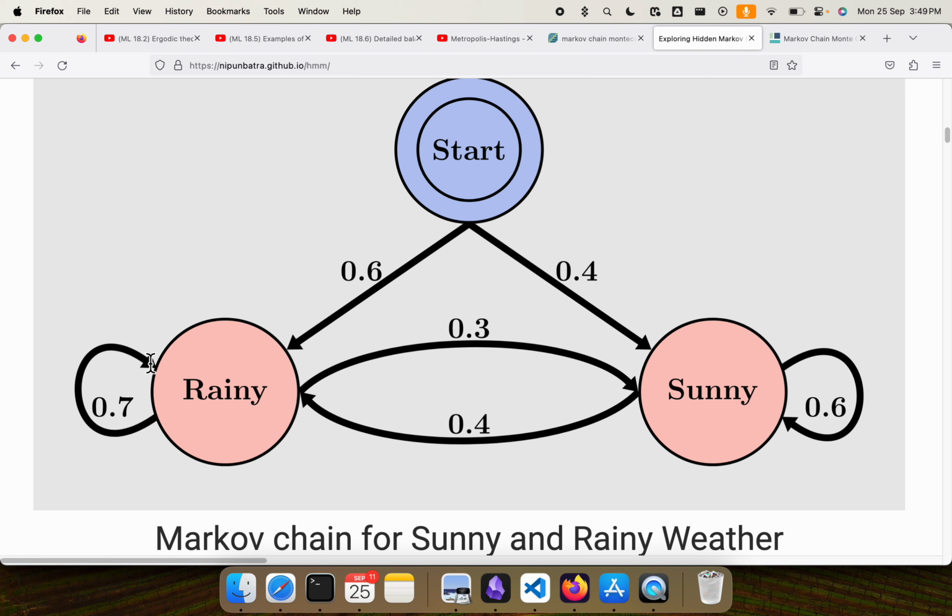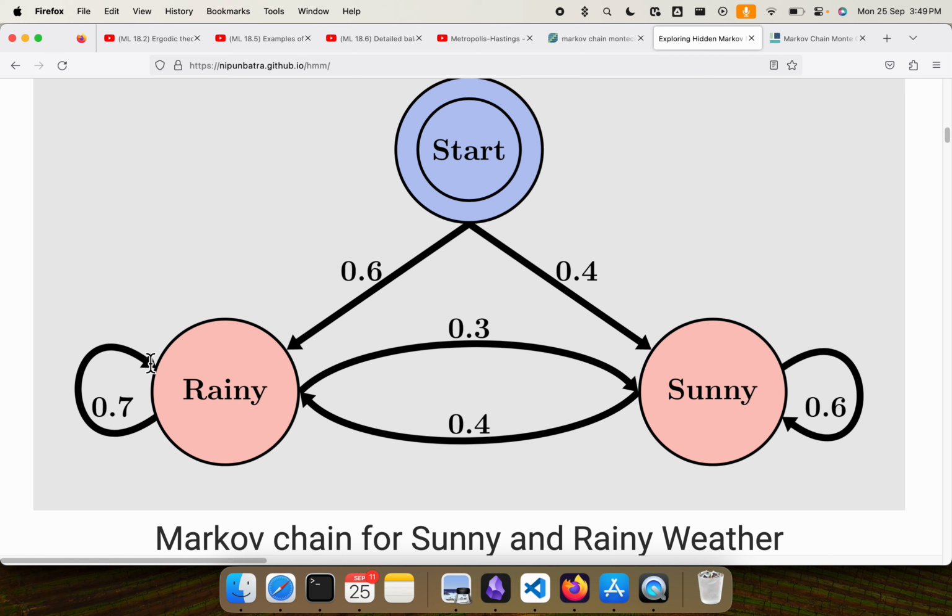Now when it is rainy, there is a 70% chance that tomorrow will also be raining, or the next observation will also be rainy, and there's a 30% chance that the next observation would be sunny. Whereas if we are at sunny state presently, there is a 60% chance that the next observation will be sunny and a 40% chance that the next observation would be rainy.